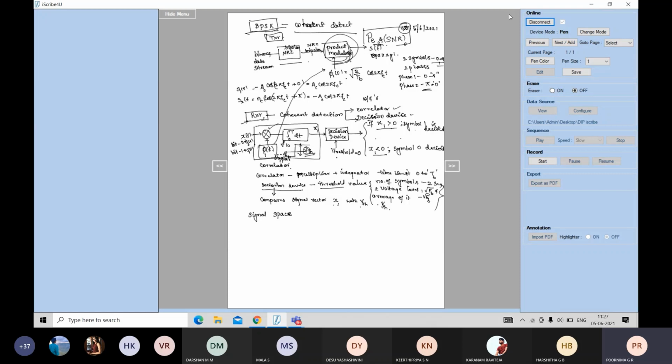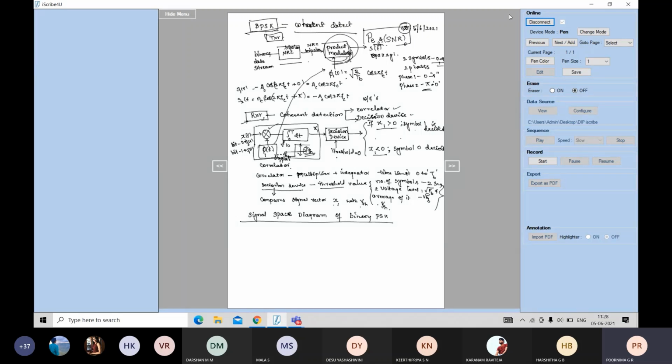So to start with that analysis, first we will be going for signal space diagram of BPSK, binary phase shift keying. What do you mean by this signal space diagram? It is the signal's representation in a space, the plot between the signal vectors and the basis functions which we will be choosing during the modulations.